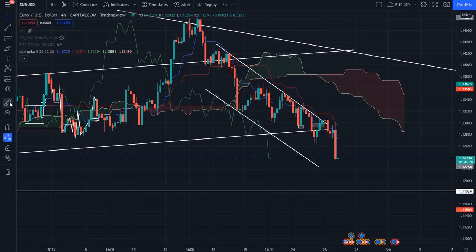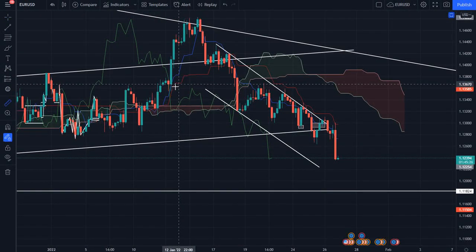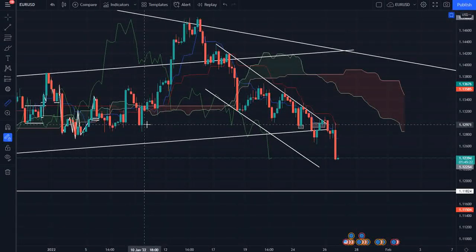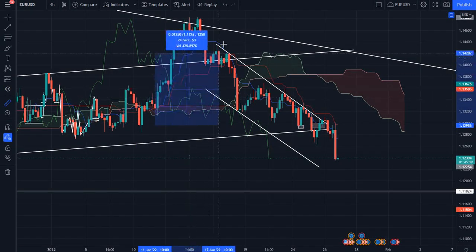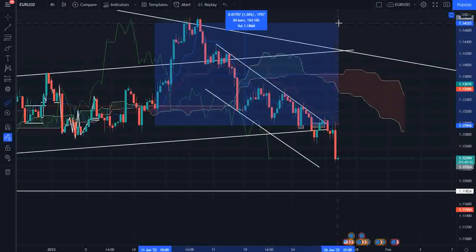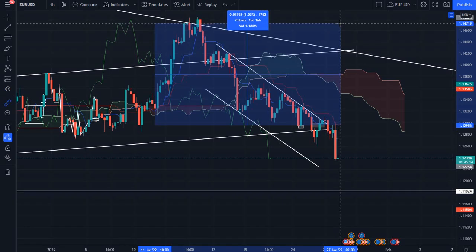Look at this. They brought the price from here. Well, technically it was from here. Okay, let's say from here, for example. That's where we had a serious move up. So from here all the way here, 1.186 million.